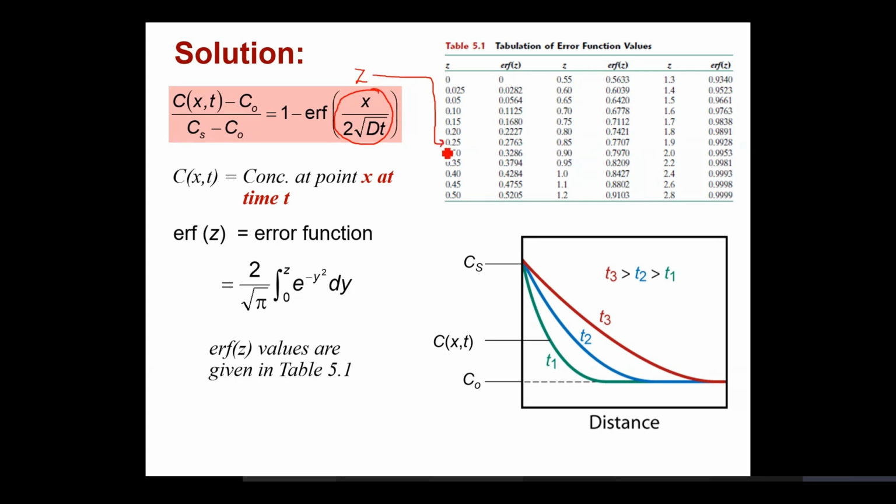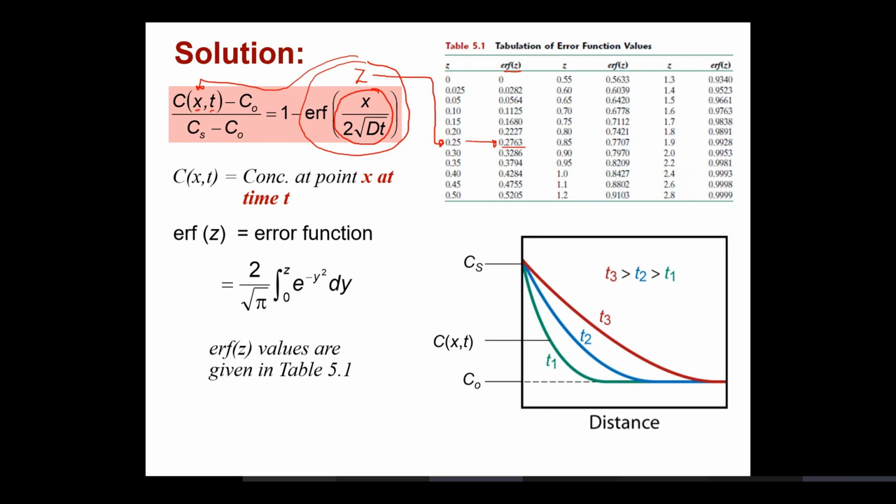Let's say your z value is 0.25, the corresponding error function value has already been calculated for you. You can directly use this value in the expression and find out the concentration at a specific distance for a specific time. Clear enough? Yes, sir.